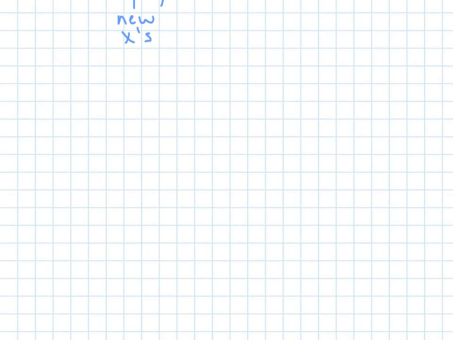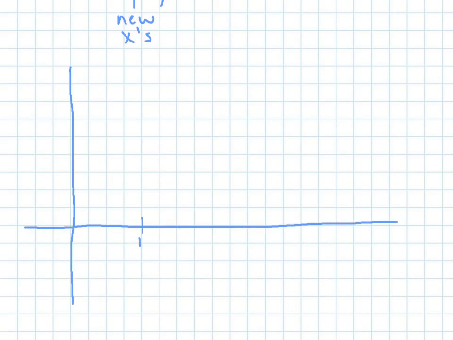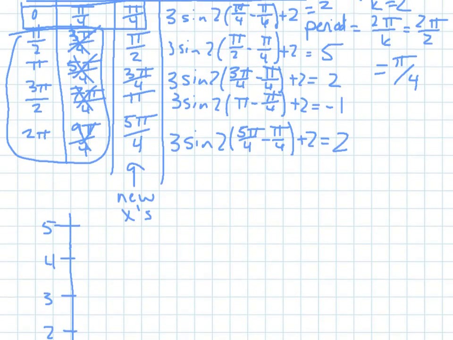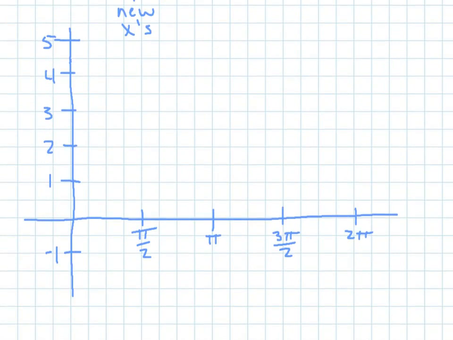Okay? So now when I go graph, so now graphing, so here I have pi over 4 is 2.